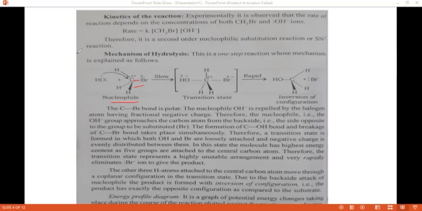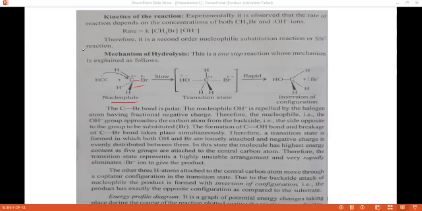There are two possibilities for the hydroxide ion to attack the electron deficient carbon atom: the front side attack and the back side attack.